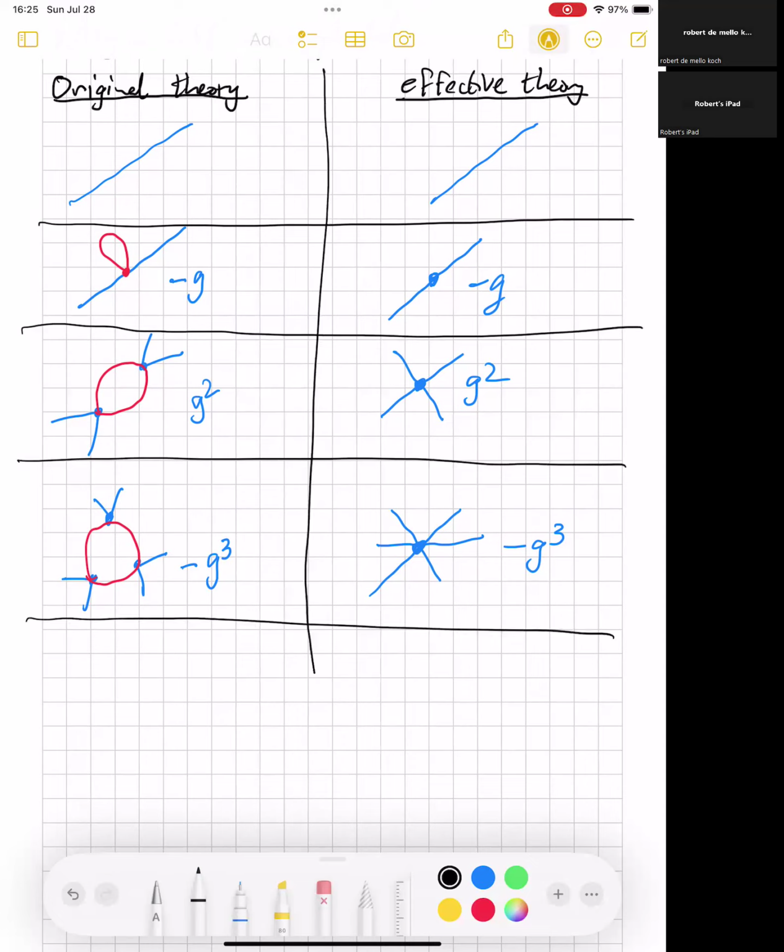So maybe as a bit of a summary, over here we can say we have one vertex, but two fields. That's in the original theory.